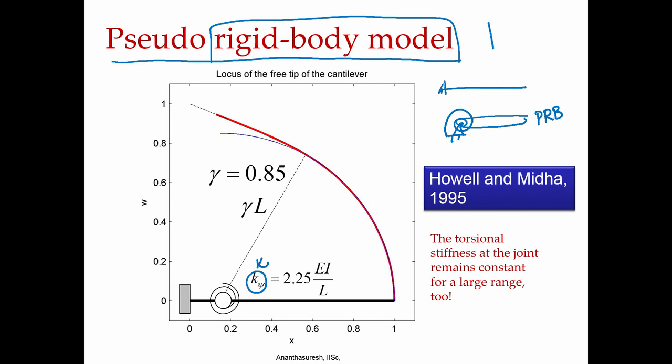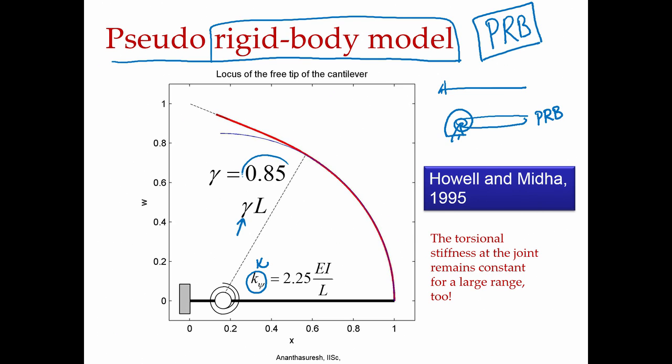These days people use that PRB model, pseudo rigid body model, which is built up based on two things, kinematic approximation and an elastostatic approximation. They did one more thing, they defined this gamma, which they call characteristic length factor.